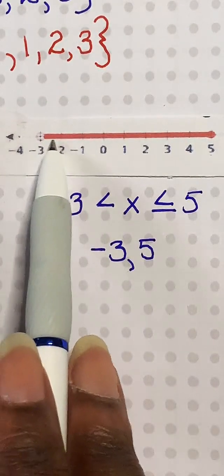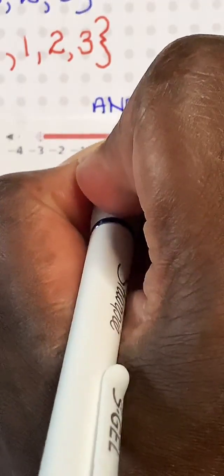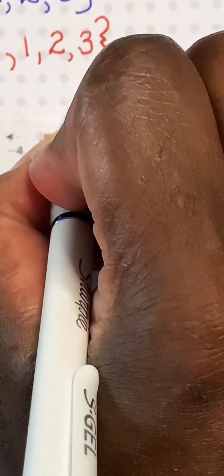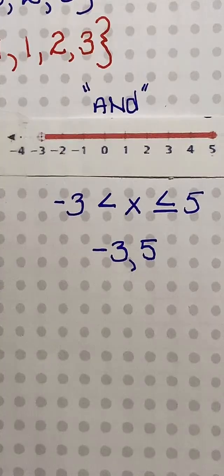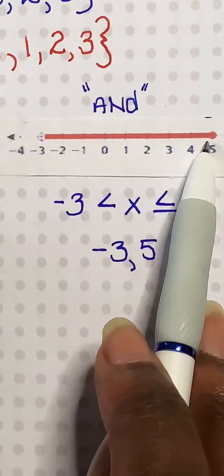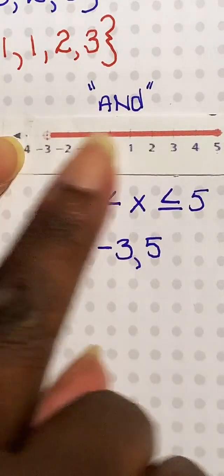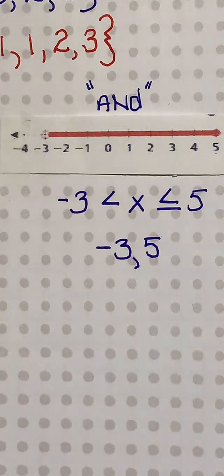If you notice that the shading is happening in the middle, this is always an and statement. I'm going to show you an or statement next. So if it's meeting in the middle, it's an and statement. If they're overlapping but going in one direction, or they're going into two separate directions, that's an or statement.